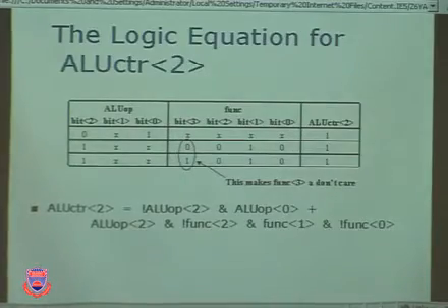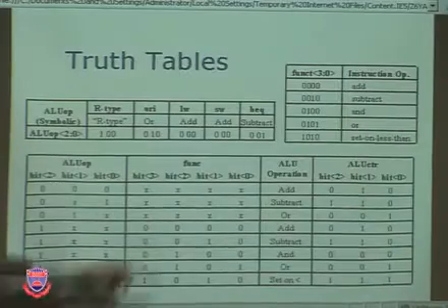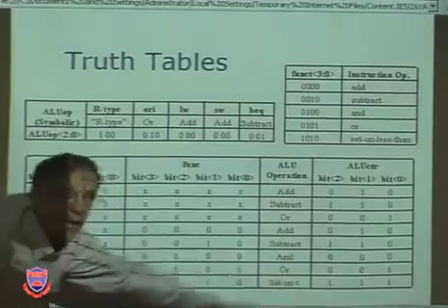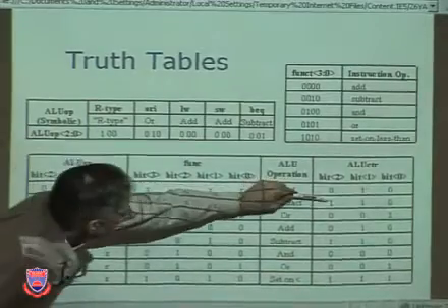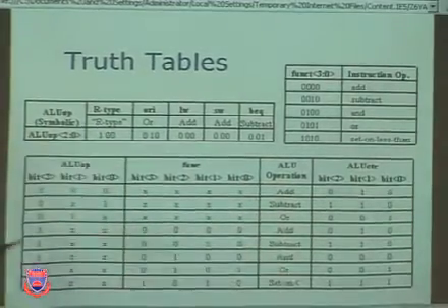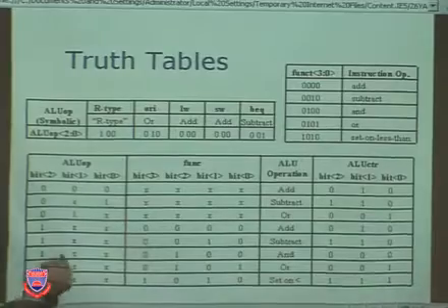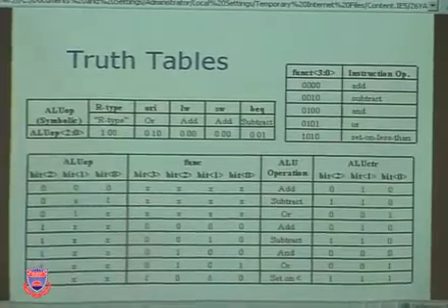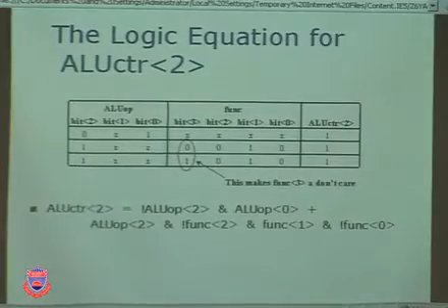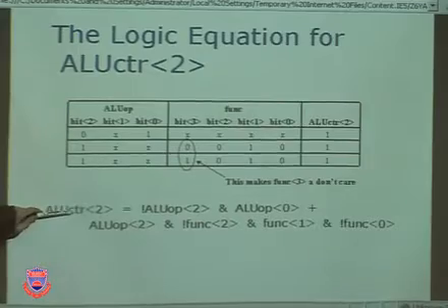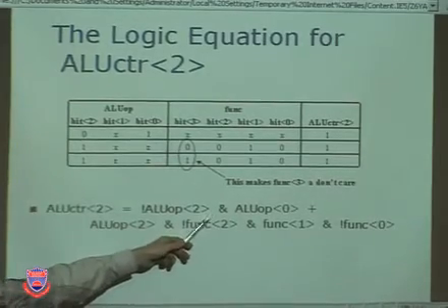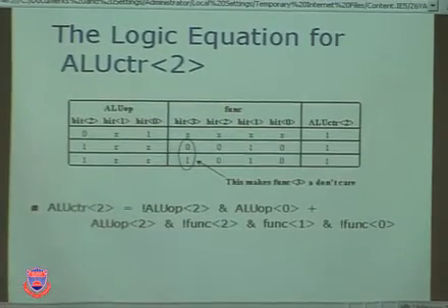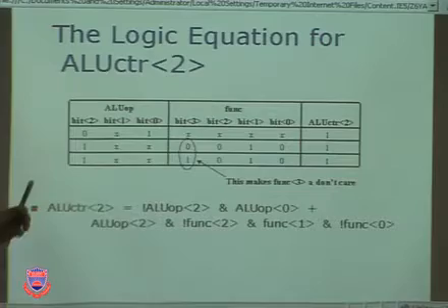Okay, so for ALU Control 2, which is this bit right here, I'm going to be saying, when is it true? It's true there, and there, and there. So therefore, I'm interested in this line, and this line, and this line. So I could write equations that look like this. It's true when I have that condition, or I have that condition. Those are the 3 lines that we pulled out.